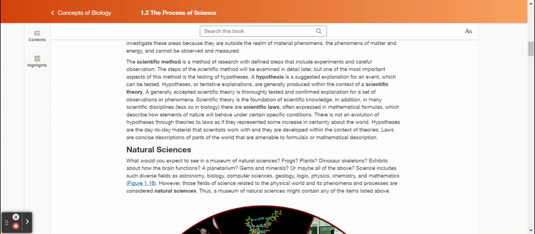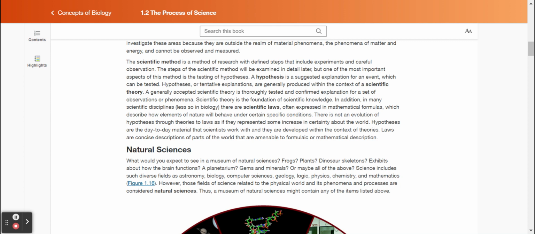Hypotheses, or tentative explanations, are generally produced within the context of a scientific theory. A generally accepted scientific theory is thoroughly tested and a confirmed explanation for a set of observations or phenomena. Scientific theory is the foundation of scientific knowledge.